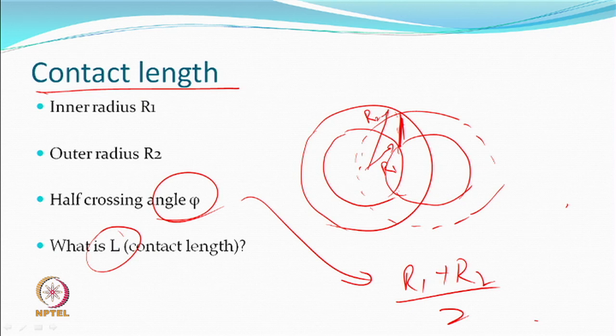So, will you be able to find the contact length L in terms of R1, R2 and half crossing angle? Like in the other case also, I think you did not get the right expression. So, in both the cases, try to get the right expression to find the contact length.